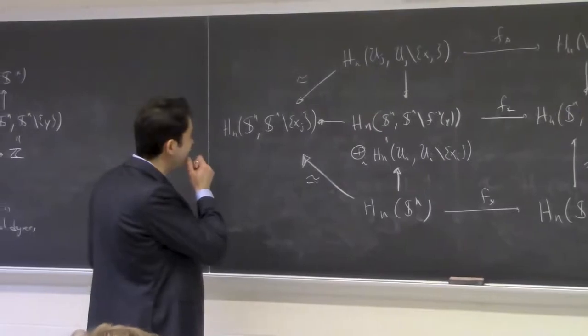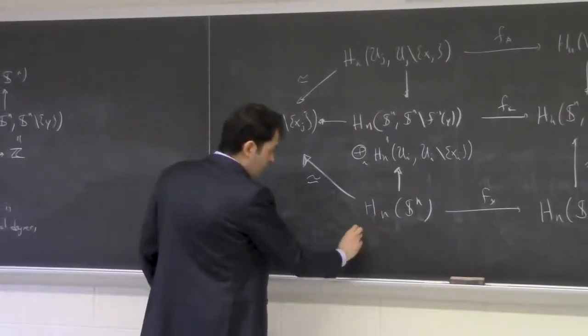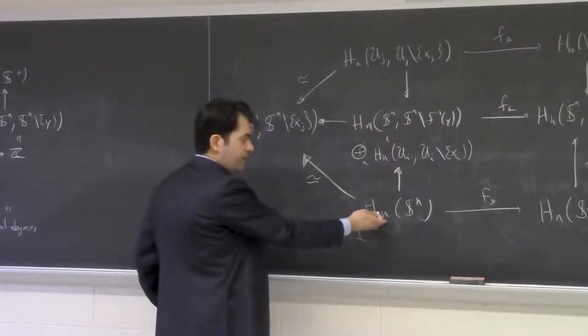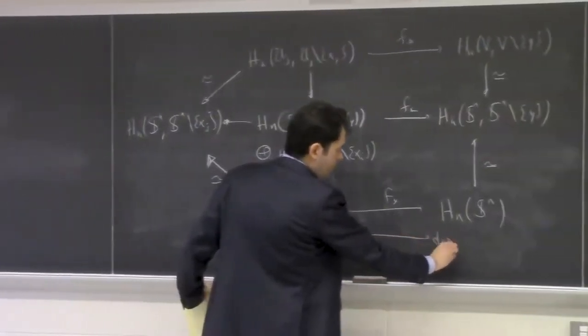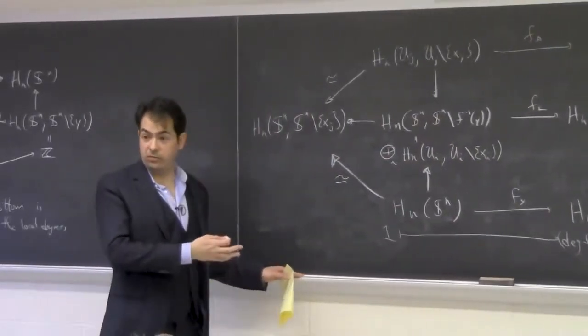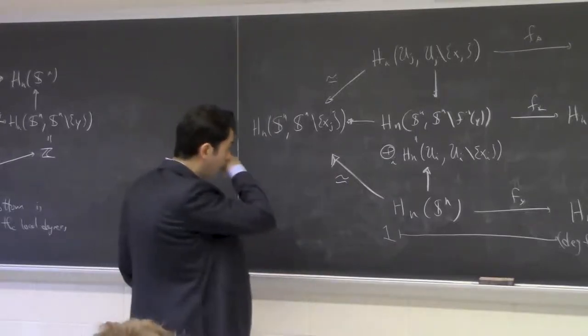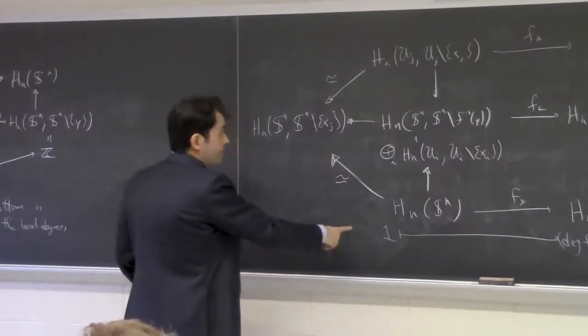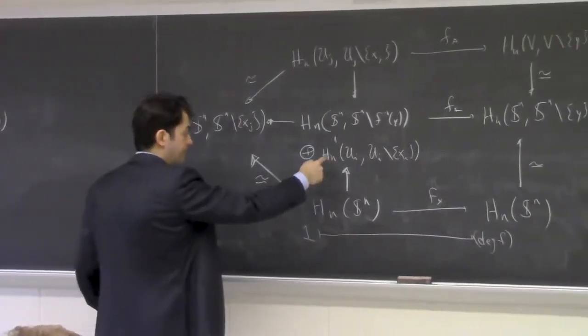Okay, so we identify this with the integers, and we know that 1 gets sent here to the degree of f. So we're just trying to figure out what happens in the rest of the diagram. We want to figure out what happens to 1 under this map.